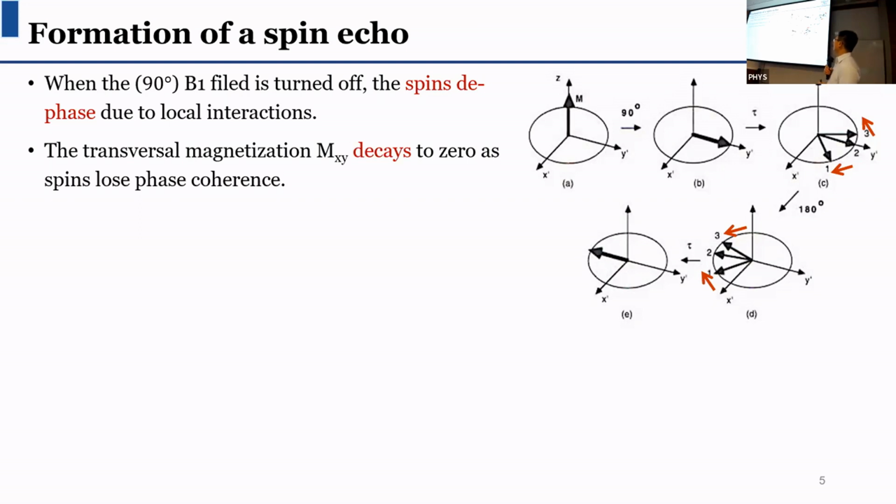Then when you apply a 180 degree pulse, if you do nothing, the entire transverse magnetization will just decay to zero. But when we apply another 180 degree pulse, then you can reverse everything the other way. Then all the spins will come together, which is the final procedure.